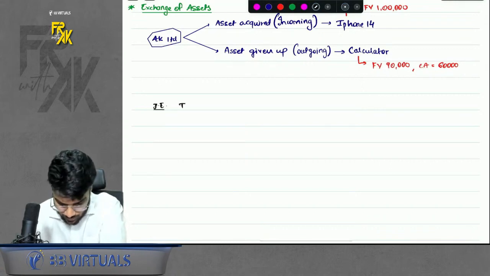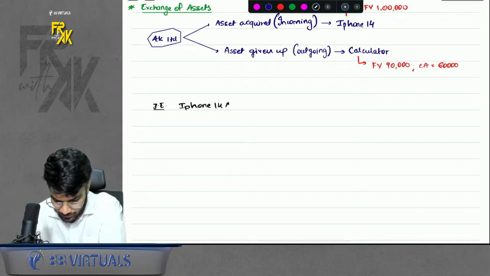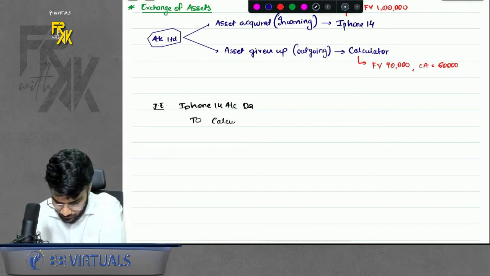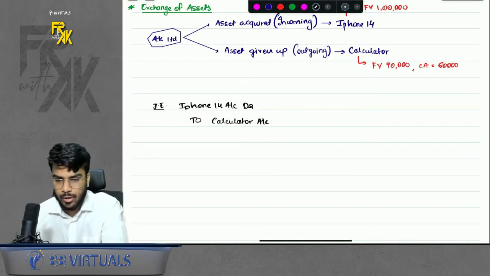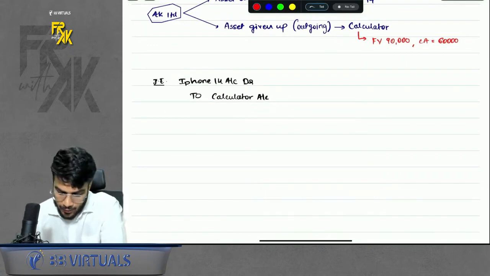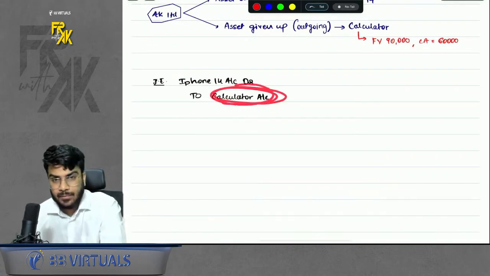So what entry will we pass for this? iPhone is an incoming asset, so you will say iPhone 14 account debit. To, the outgoing asset, calculator account. Now I had told you one thing: whatever is the outgoing asset, it will always go out at what amount?